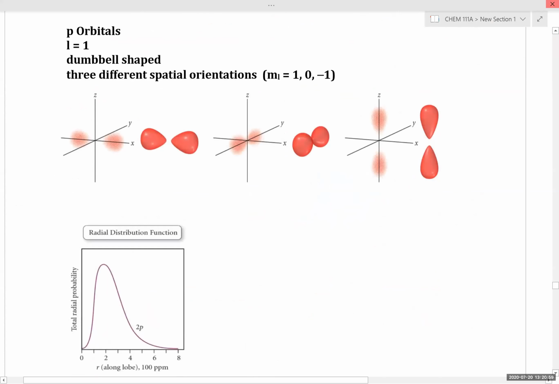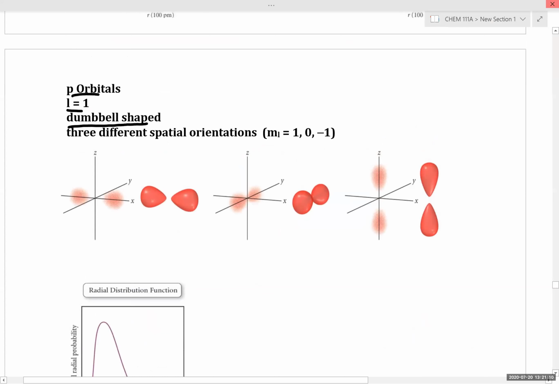Okay, so let's look now at our p orbitals. These correspond to L equals 1. They're dumbbell shaped. And because our L is equal to 1, we have 3 allowed ML values, remembering that ML ranges from negative L to 0 to positive L. We have 3 different spatial orientations.